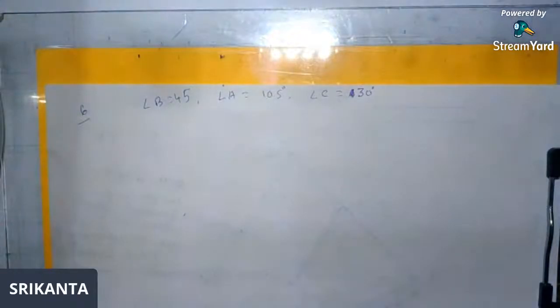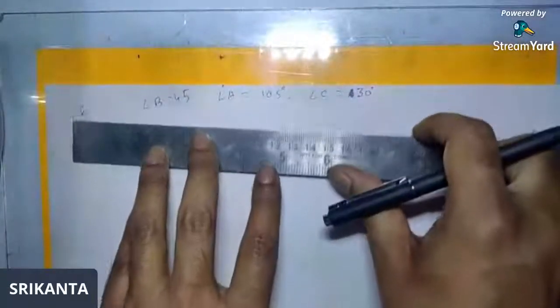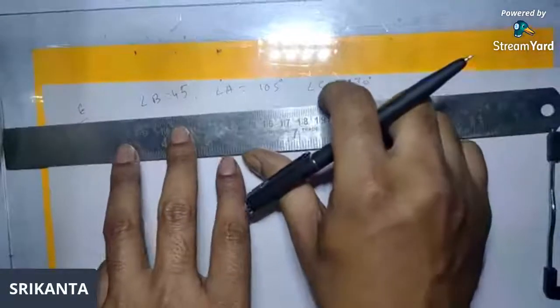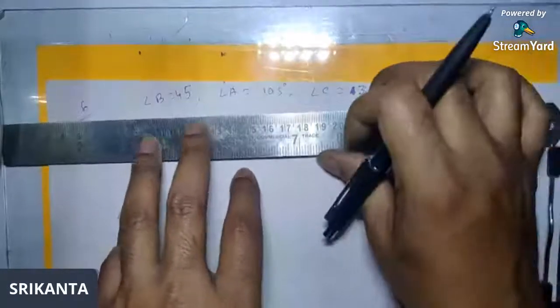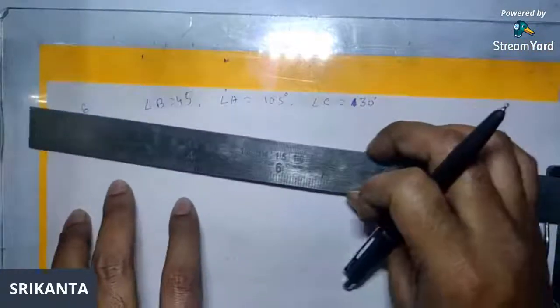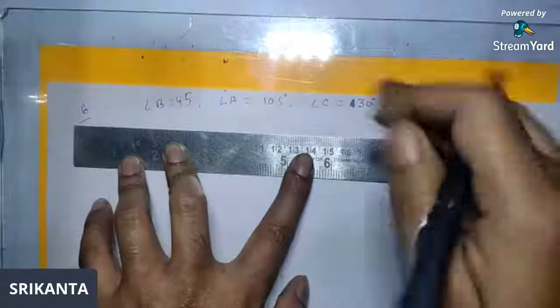Now also given BC is equal to 7 centimeters. So we are going to draw 7 centimeters.